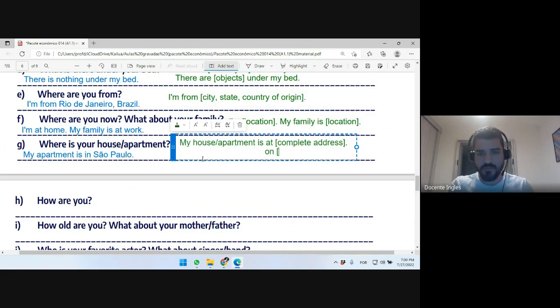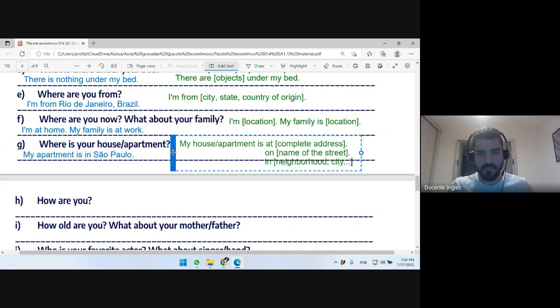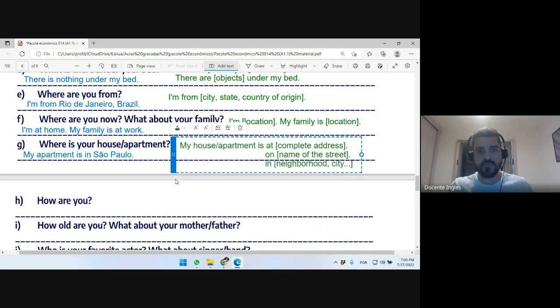On, with the name of the street. Or in, with the neighborhood, the city. Depending on the complement, at, on, or in.